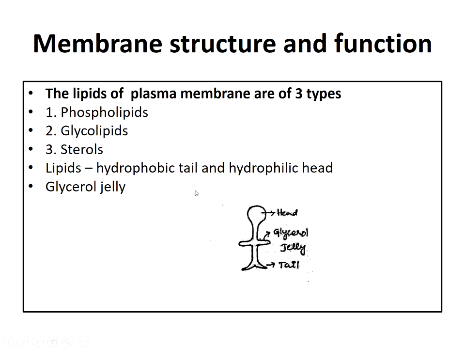You can observe here in the diagram, there is a hydrophobic tail, that is water hating, and the lipid also consists of a head region, which we call the hydrophilic head, and it is water loving. The head and the tail regions are connected by a glycerol jelly.